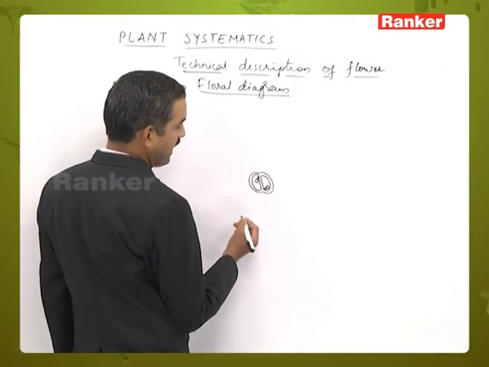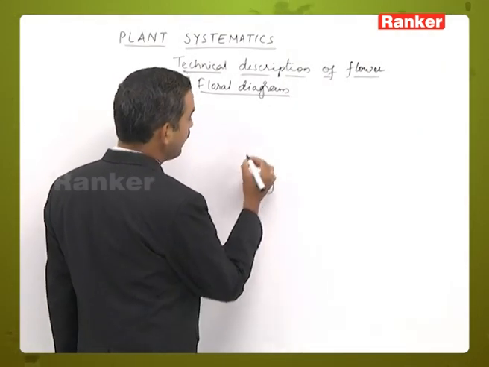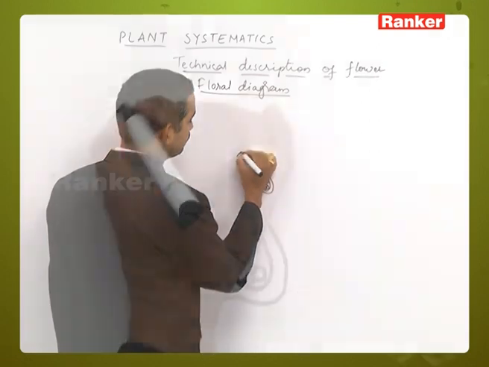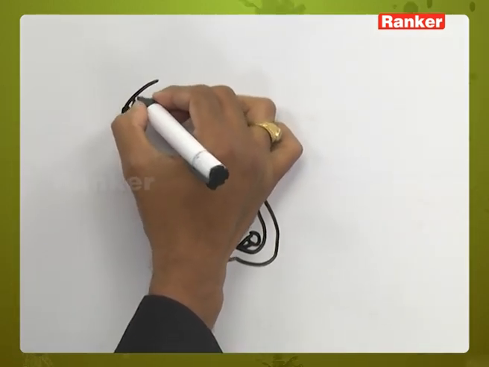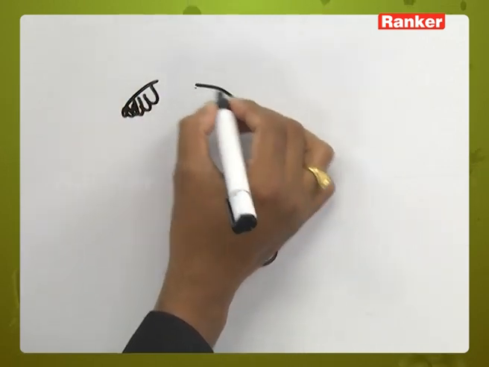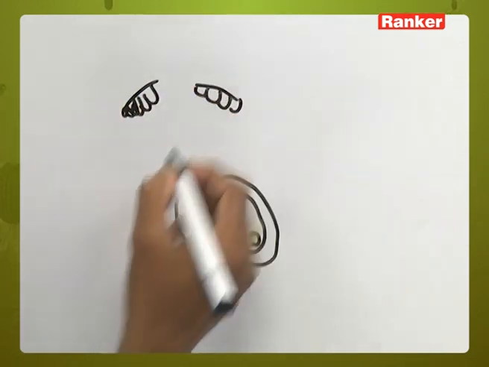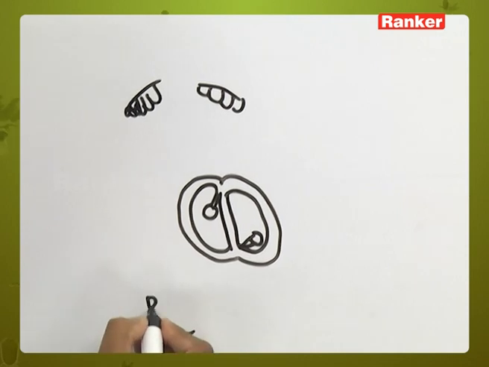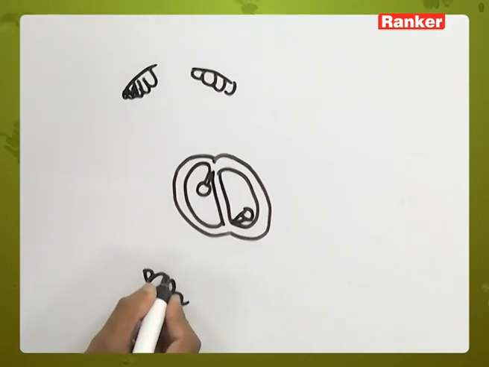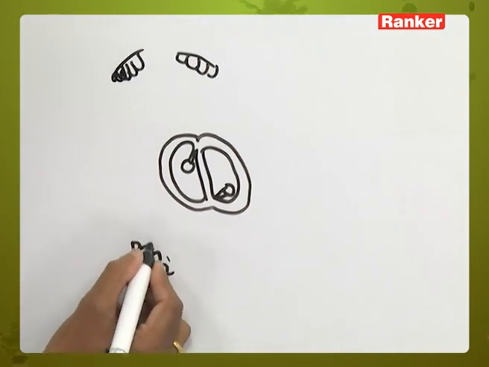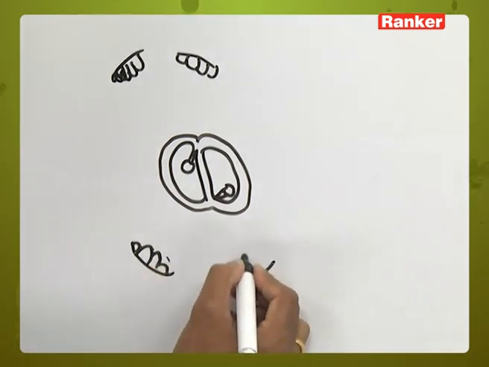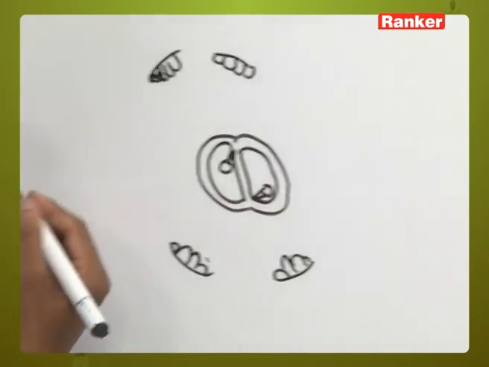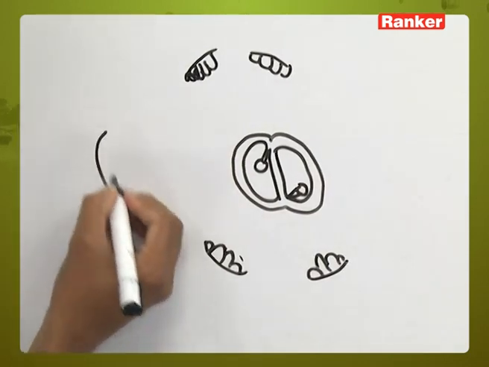So, this is about the ovary and the type of placentation also. Then the stamens. Here we can see one anther lobe and a second anther lobe. So, dithecous anthers, the type of anthers, can also be known here.